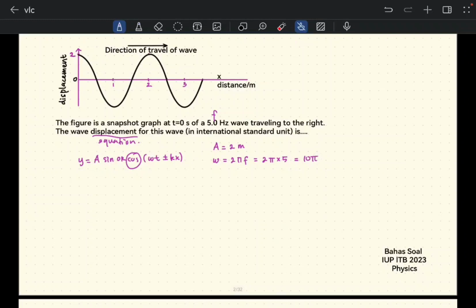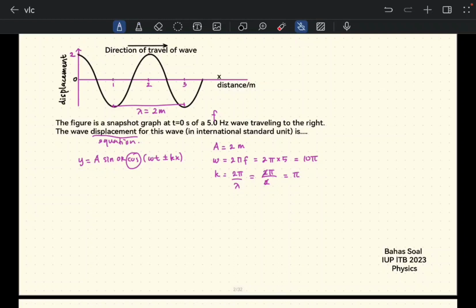And then k equals 2 pi over lambda. The lambda can be determined from this point until this point, so lambda equals 2 meters. So k equals pi.